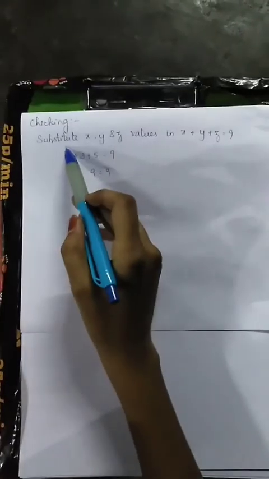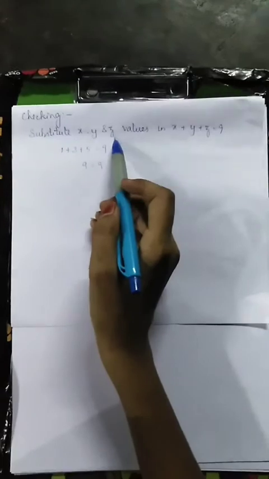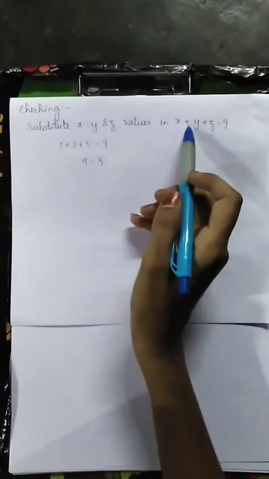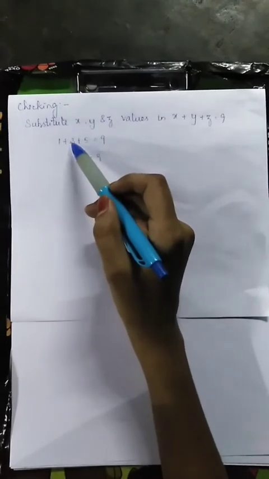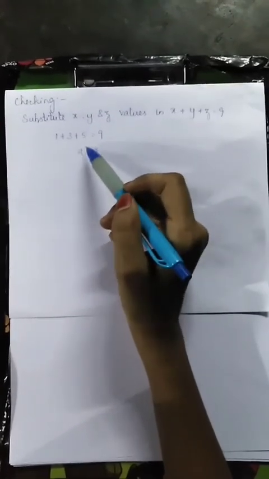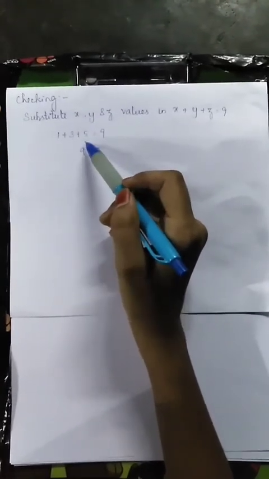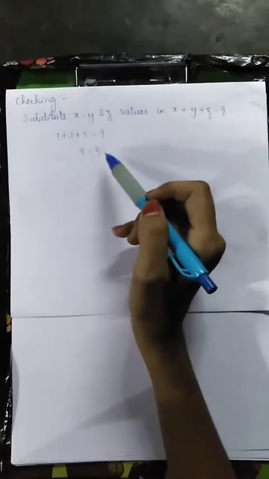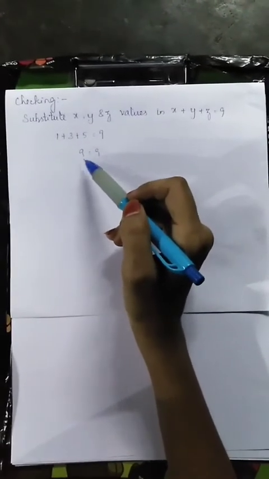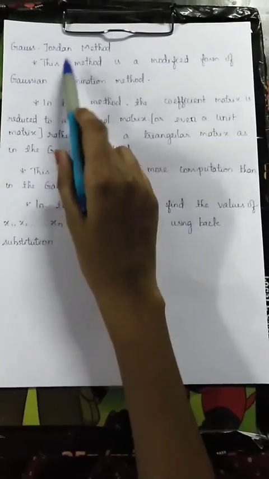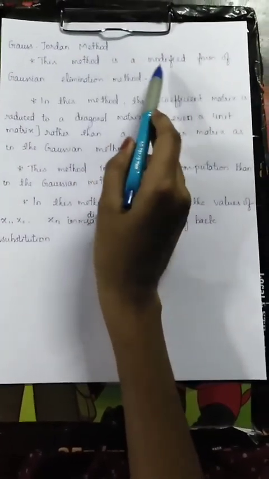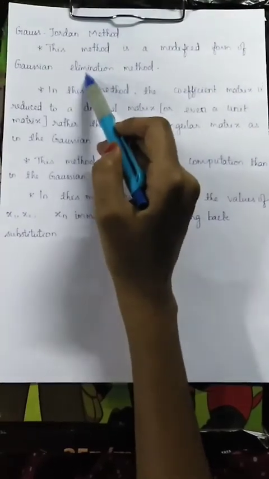Checking your answer: substitute the values of x, y, z in the given equation. For example, x + y + z = 9, with x = 1, y = 3, z = 5, so 9 = 9. Teach about Gauss-Jordan method. This method is a modified form of Gaussian elimination method.